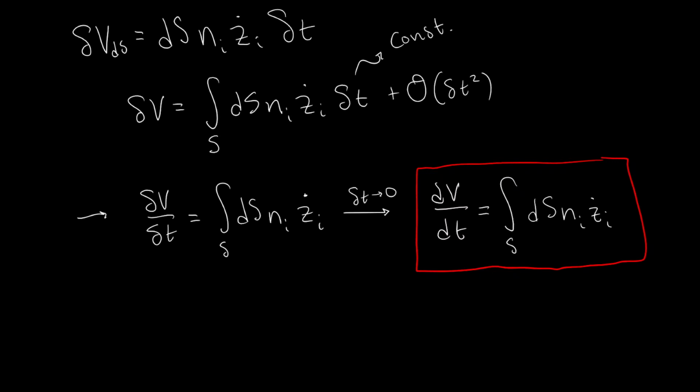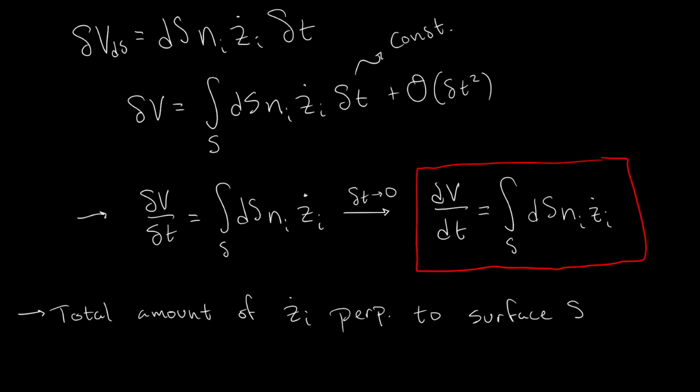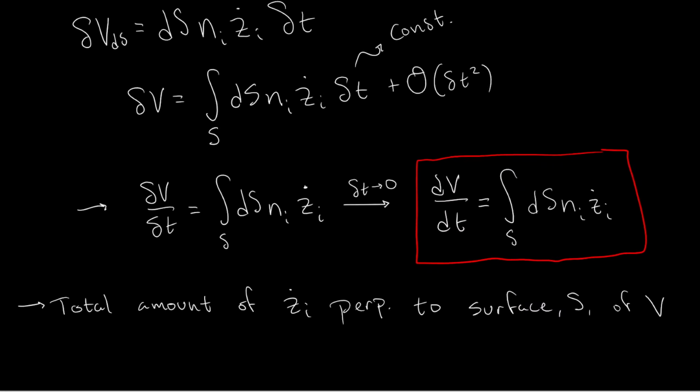Okay. Yeah, so since it's the normal dotted with z dot, this is essentially describing the total amount of z dot_i which is perpendicular to the surface S of our volume V. There is a word for this.